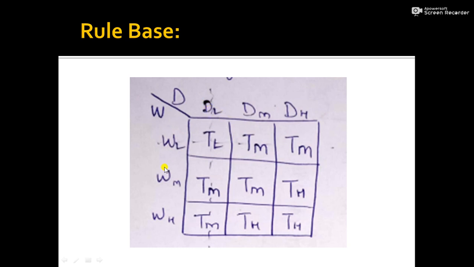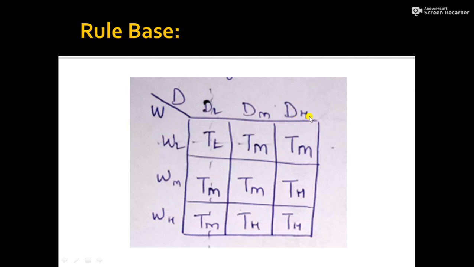Low dirt, medium weight, the time required will be medium. Medium dirt, medium weight, medium. Highly dirty, medium weight, the time required for washing will be high. Low dirty, high weight, medium. Medium dirty, high weight, high.